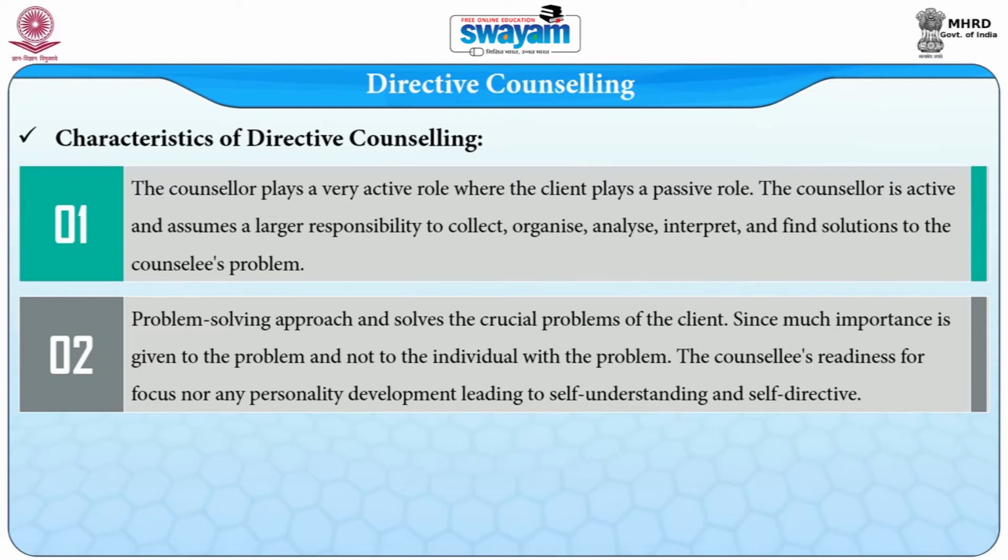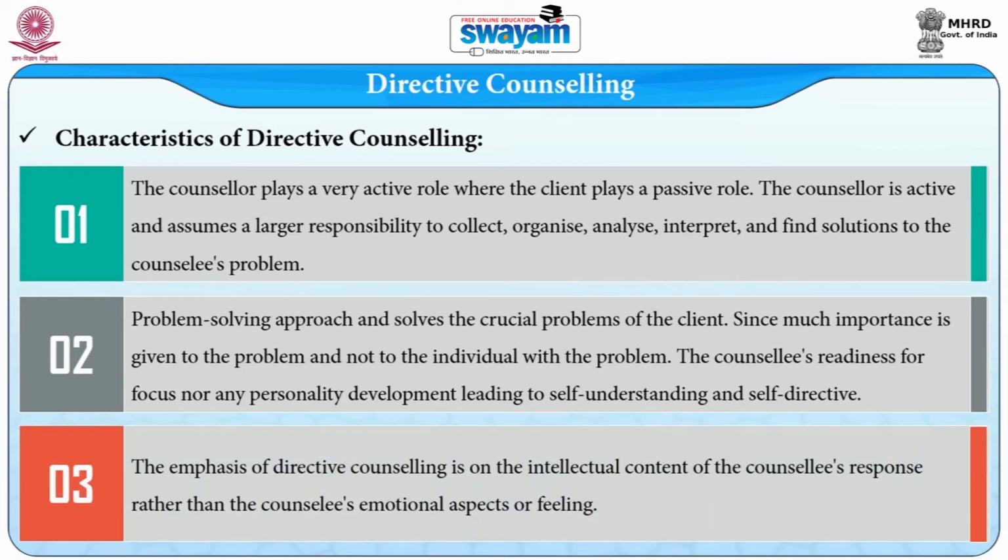This approach is neither in keeping with the counselee's readiness for focus nor any personality development leading to self-understanding and self-direction. Third, the emphasis of directive counseling is on the intellectual content of the counselee's response rather than the counselee's emotional aspect or feeling.